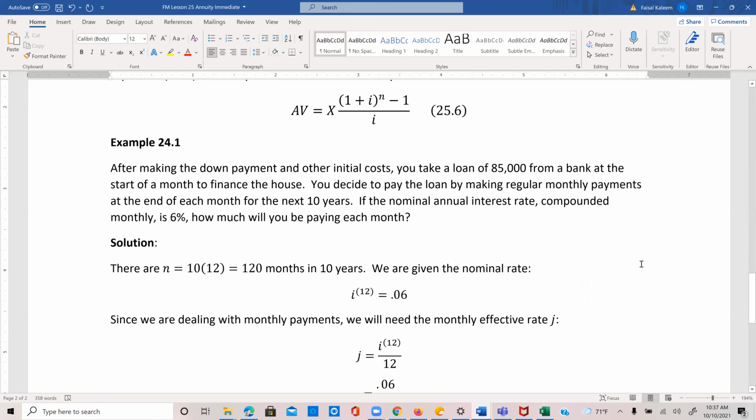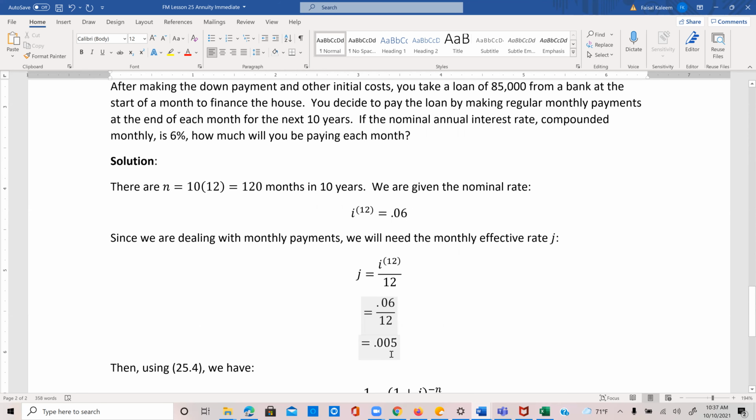So in this case, since n is in months, the interest that we will use here will be the monthly effective rate. And if the nominal rate is 0.06, then the monthly effective rate is i^(12) divided by 12, and that would be 0.06 divided by 12, that's 0.005.